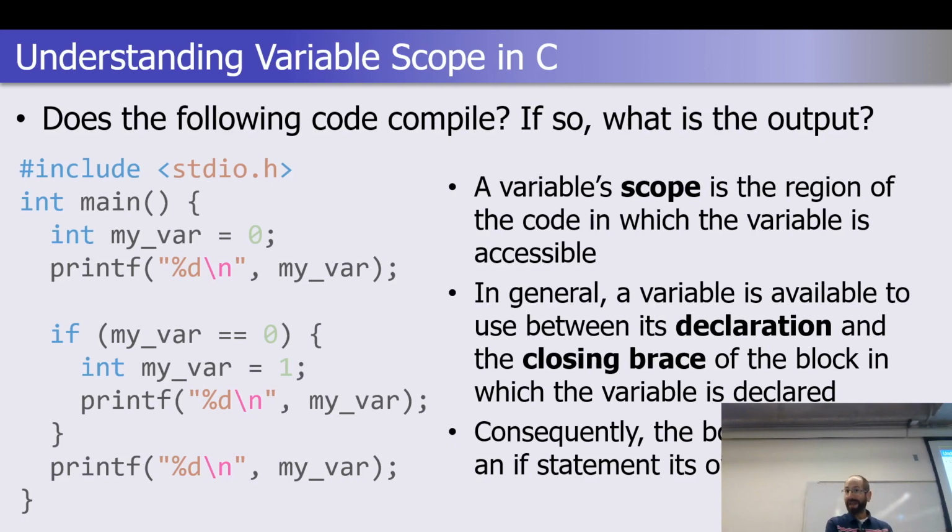They may have the same name because things like I, J, and N and these other variables are just going to be common names we're going to be using over and over again. But they're going to be different variables. They just happen to have the same name as some other variable with a different scope inside our program.